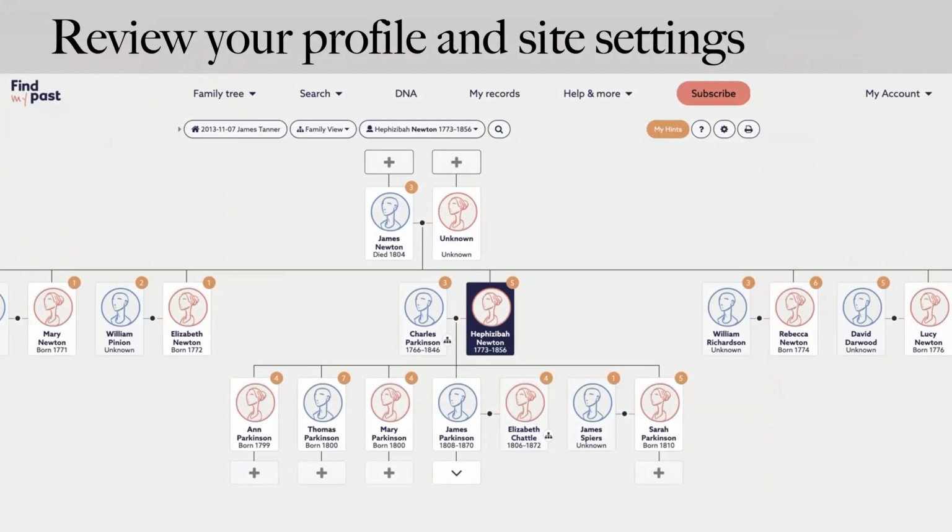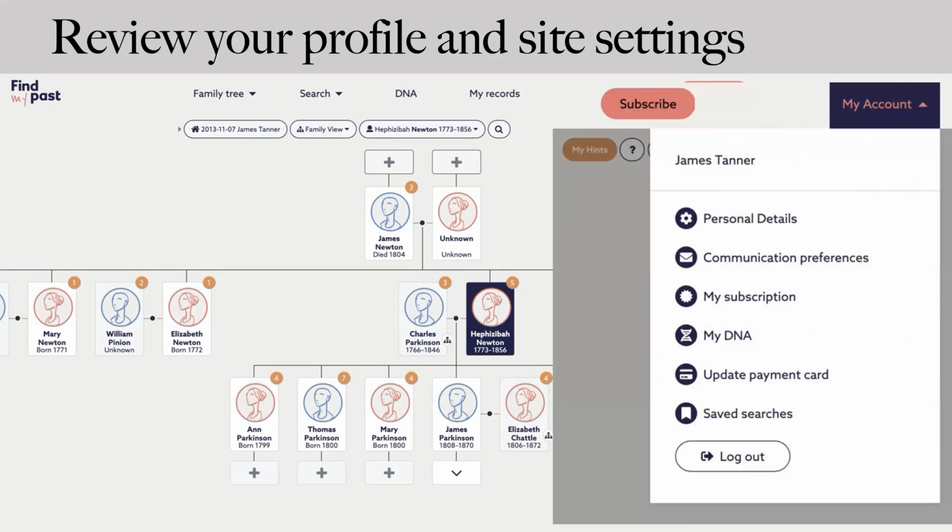One of the things that you should do immediately when you go into a new program, something that's new to you, be it one of the online websites or wherever it is, is to review your profile. You click on My Account in this case, and it will give you some options of entering your personal details, the way that you communicate with the program and with other people within the program.